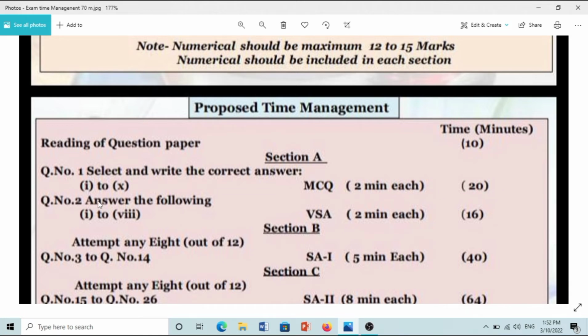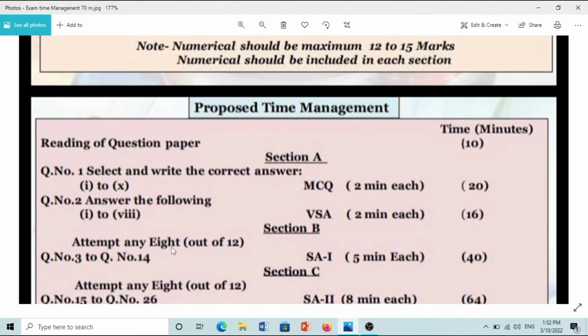Then in question number 2, answer the following. A total of 8 questions are given, and for writing the answer to each question, 2 minutes is required, so 16 minutes is required. Then the next one is Section B: attempt any 8 out of the 12 questions.